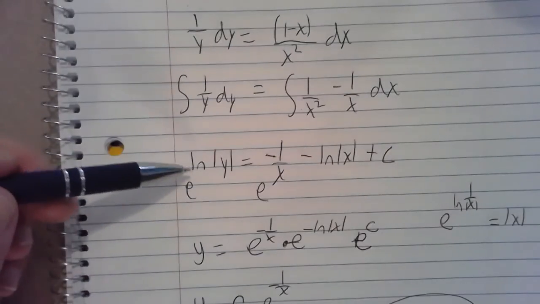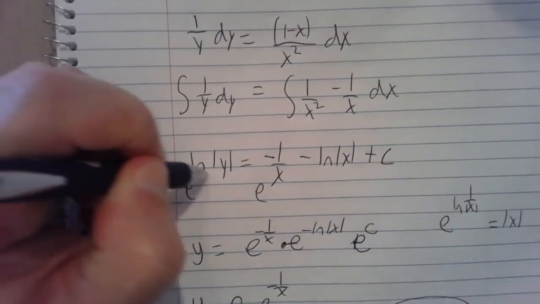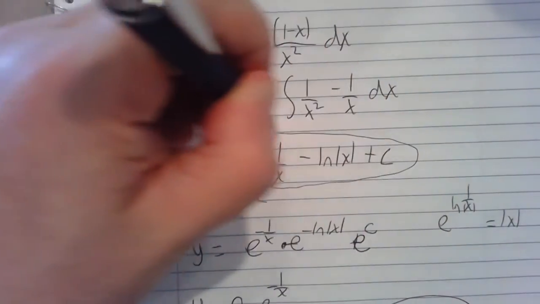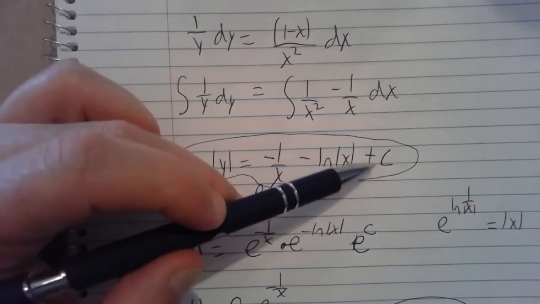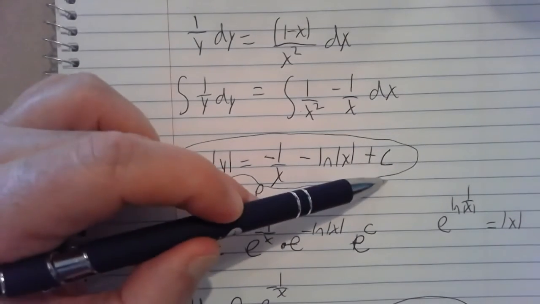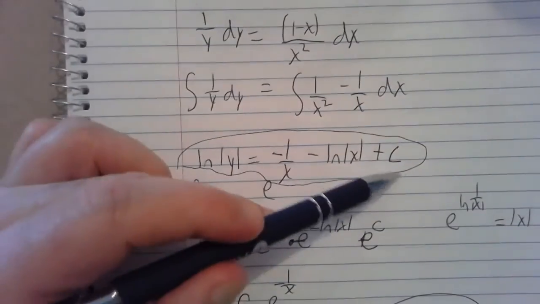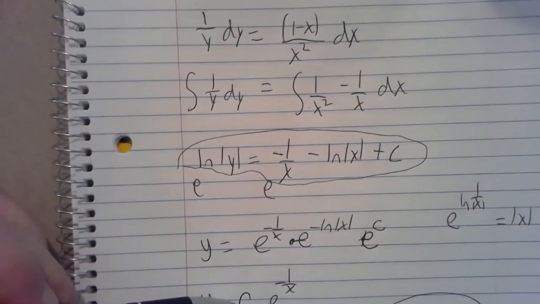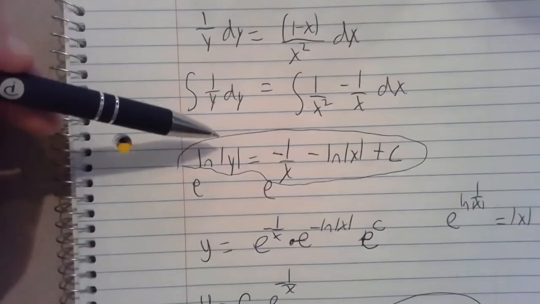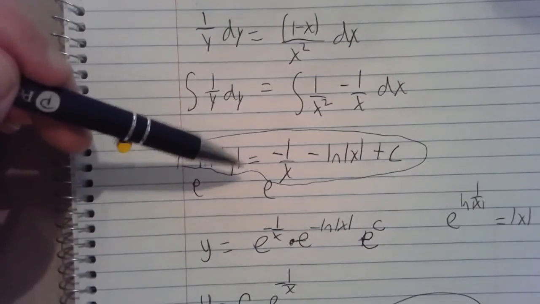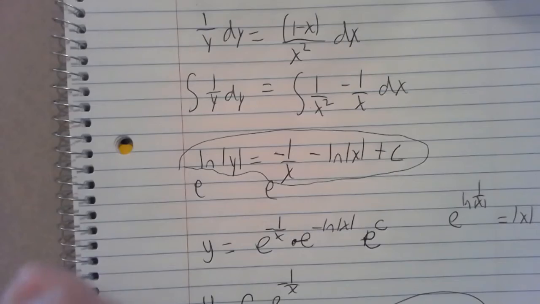Now, if we had used the implicit version right here to solve our initial value problem, we would have gotten a different value for C. This C and that C are not the same. But that's no big deal. If we then convert that into explicit form, we would still get the final solution.